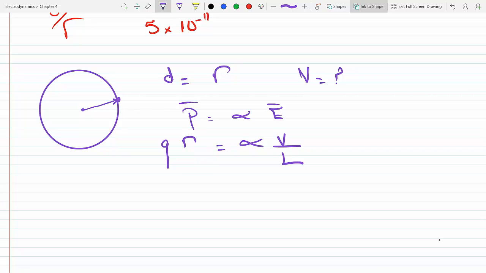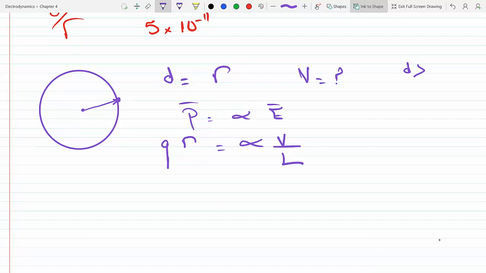Any d greater than or equal to r is when the electron would have escaped the electron cloud, making the hydrogen atom positively charged. That's when ionization takes place. So at the minimum, they're equal. Then V would equal L Q r over alpha.